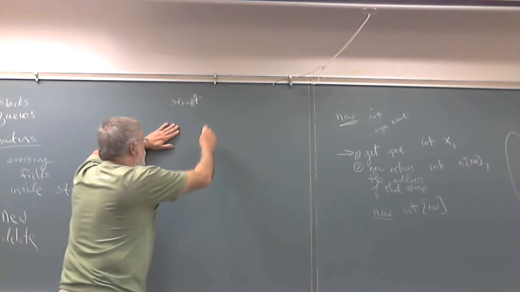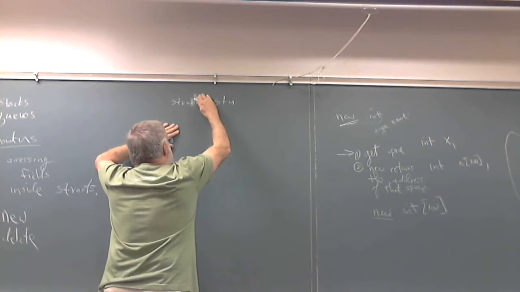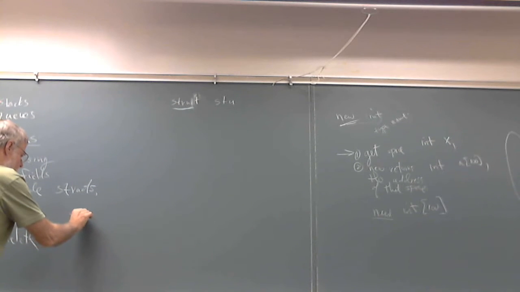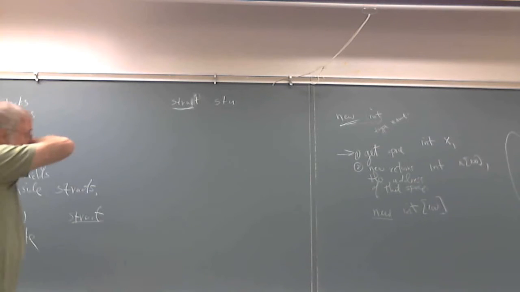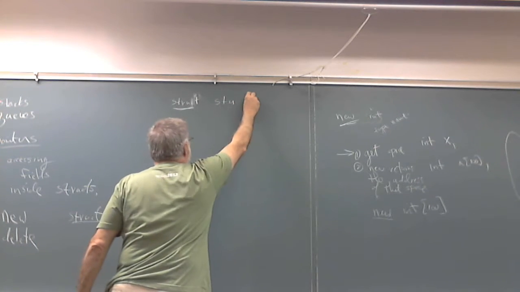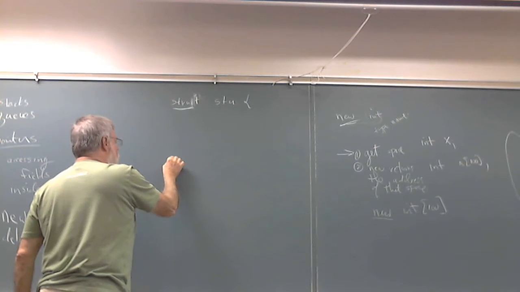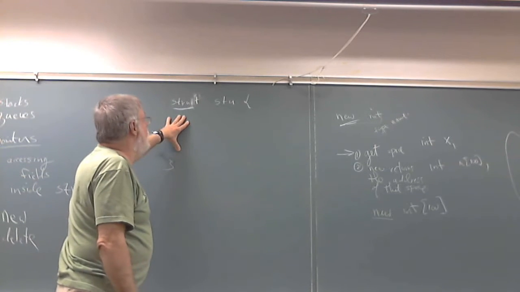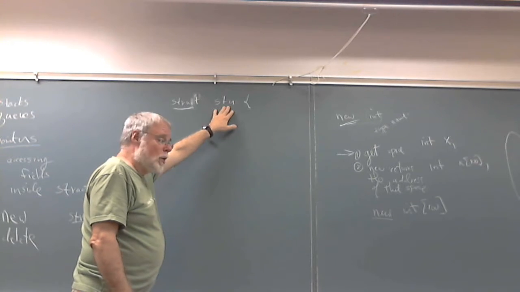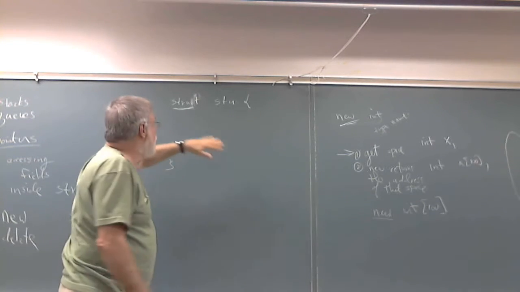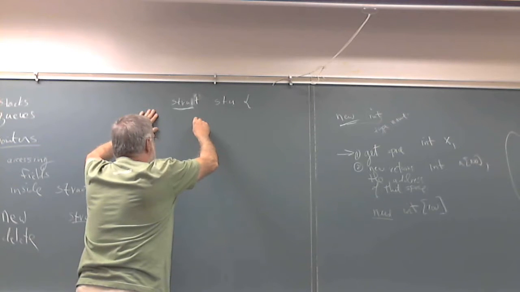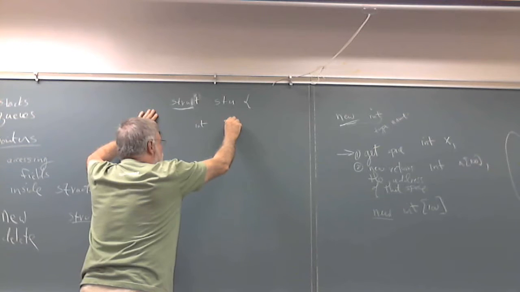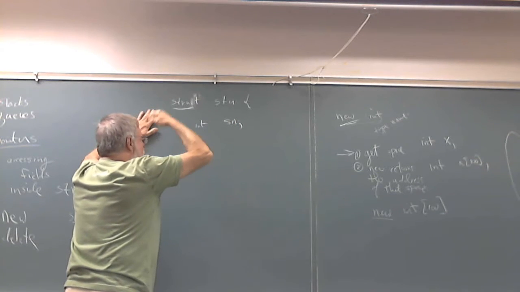So we could say here struct, another key word, struct stu, open brace, and now what's going to make up the structure called stu, that is student. Well, we're going to have here int student number, SN. We're going to have the student's name.